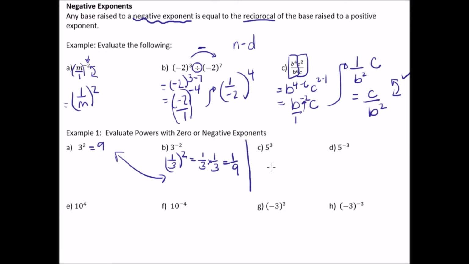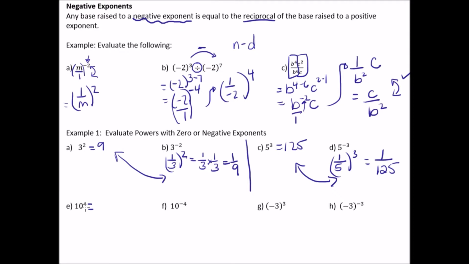Okay, so what's 5 cubed? That's 125. And what about 5 to the negative 3? First I would flip the 5 and raise it to the 3. So our answer is 1 over 125. Compare those, 125 and 1 over 125.